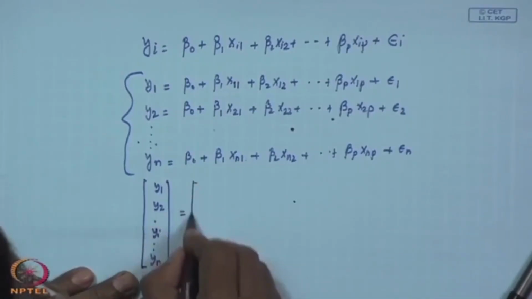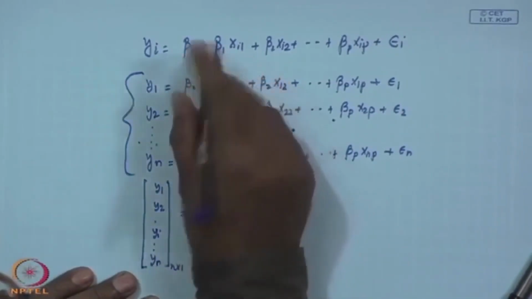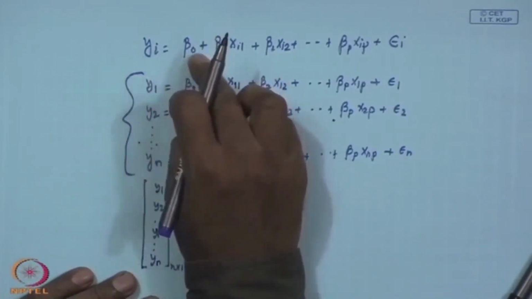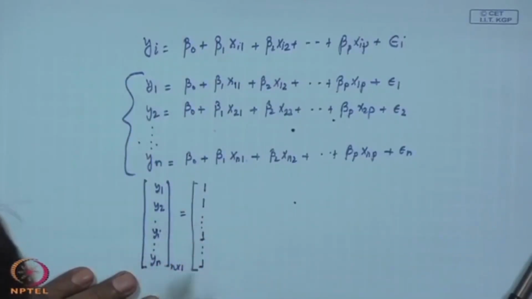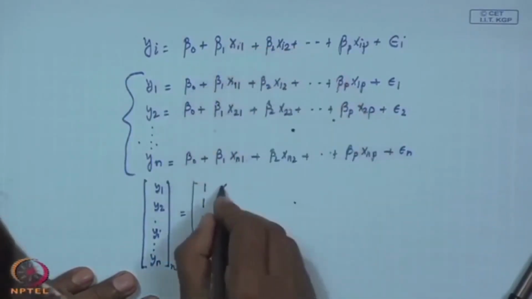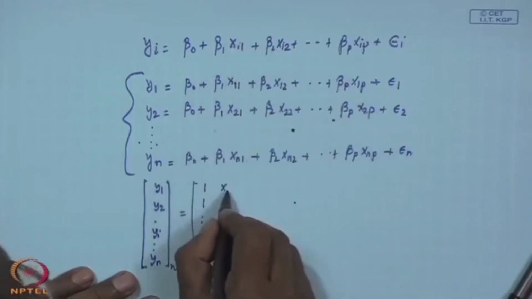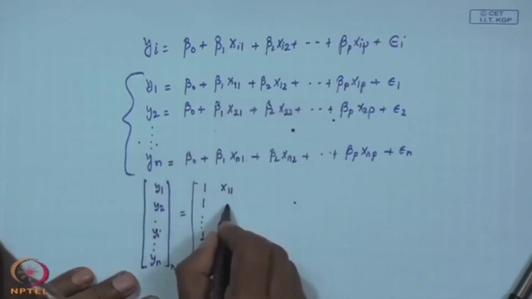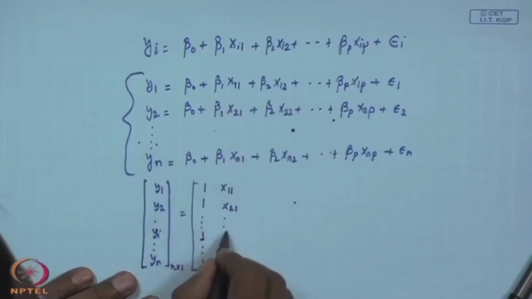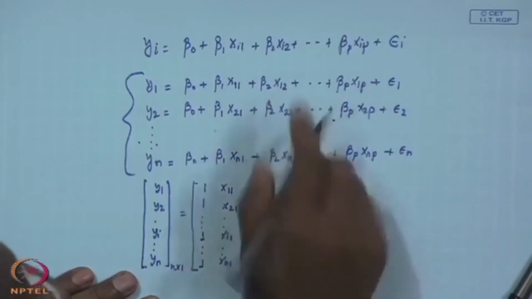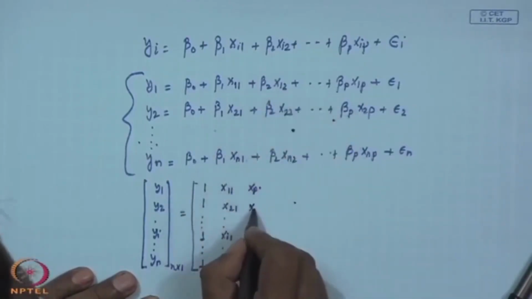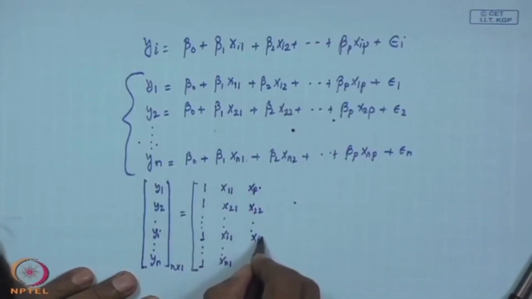I can write this equal to, for beta 0 there is only 1, that is x0, so 1, 1, 1. For beta 1, x11, x21, xi1, xn1. For beta 2, x12, x22, xi2, xn2.